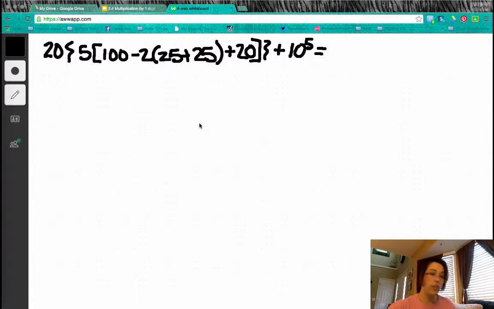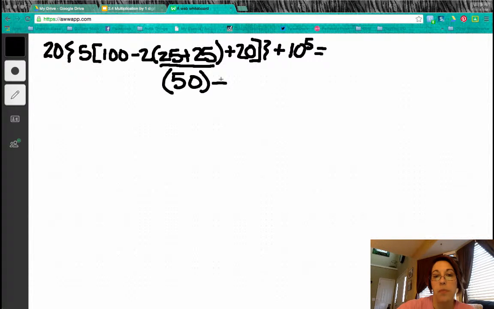Okay, let's go ahead and try this next practice problem together. We of course start with our parentheses to work our way out of our parentheses, brackets, and braces. So 25 plus 25 is 50. And then copy down everything else.